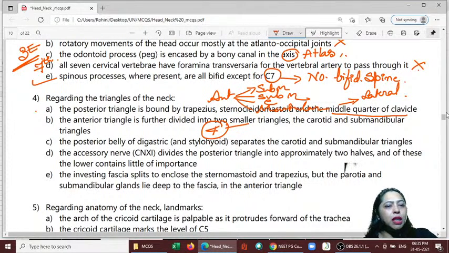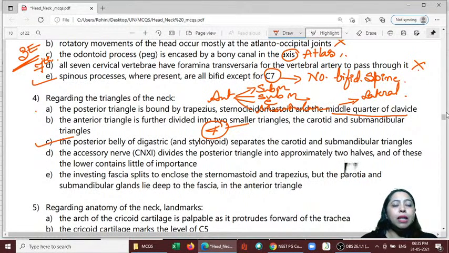Next, the posterior belly of digastric separates the carotid and submandibular triangles. Is it posterior belly that separates the carotid and submandibular triangles? So what is the answer? The posterior belly actually separates the carotid and the submandibular triangle.